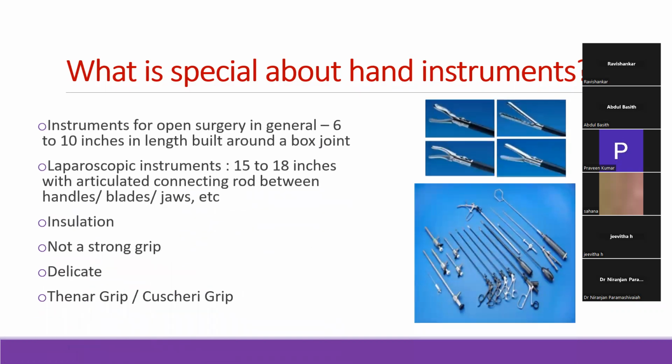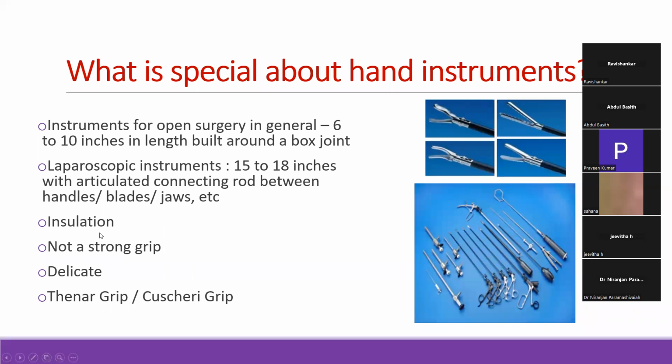The length is the first one, right? We only have 6 to 10 inches usually in open surgery. Laparoscopic instruments are 15 to 18 inches long, because you cannot put your hands in. They almost always have articulations, which means you can rotate it, and you can connect and disconnect it so that you can clean it better.